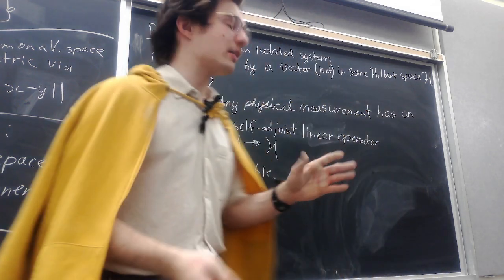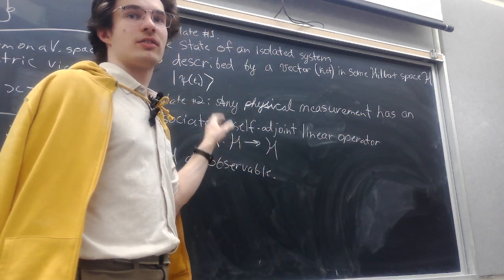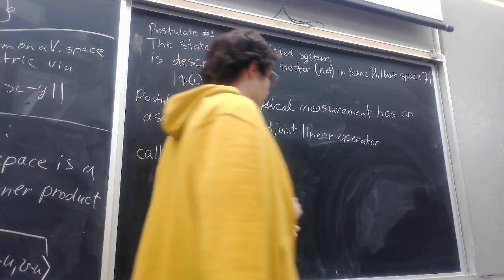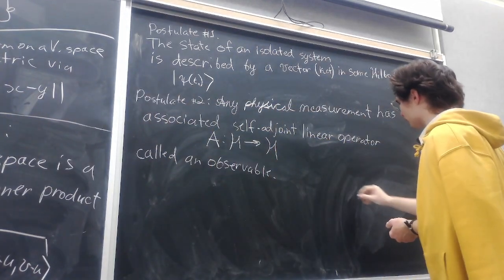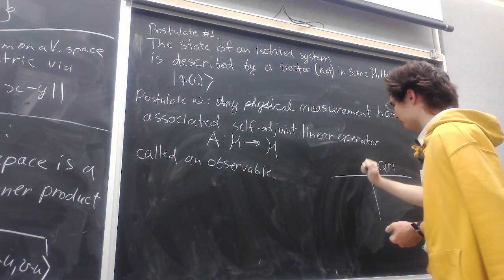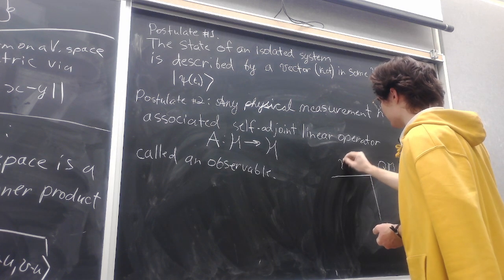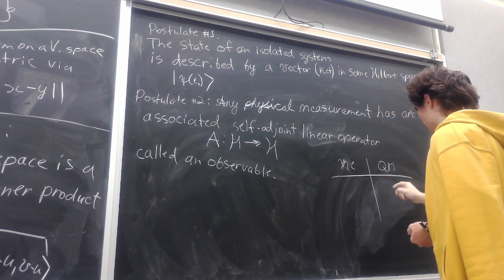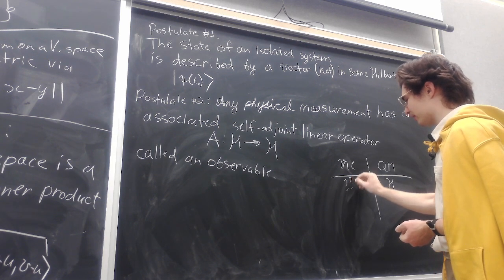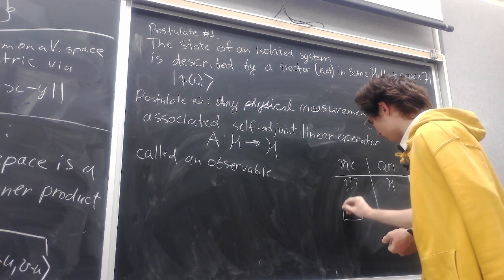So now whenever I say observable, I mean some self-adjoint linear operator that is associated to a physical measurement you can make. So you can think of it like you have the quantum mechanical world, and in the quantum mechanical world, I have a Hilbert space. And then in here, I can do a measurement with a gadget, right?